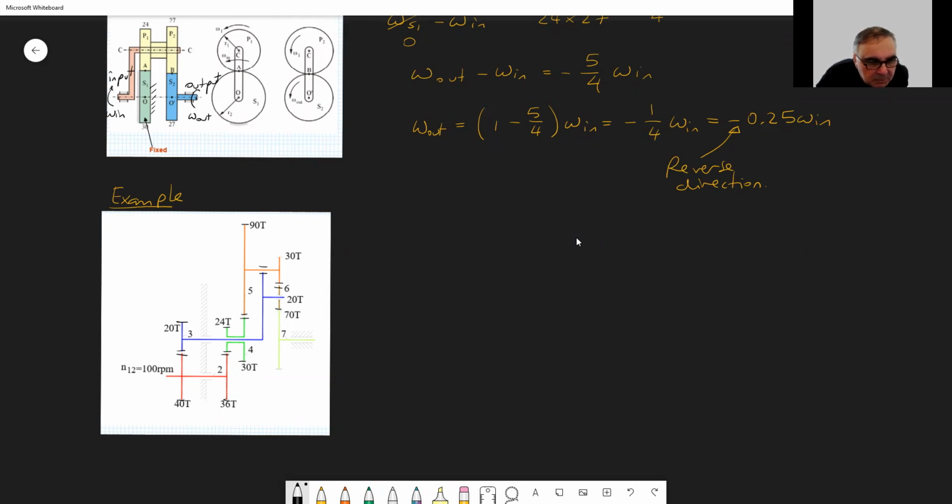This is kind of hard to understand. What is going on here? Okay, N12 is the input, and N17 is the output. So this thing is 100 RPM, this thing is the output, this is rotating, but it's quite complicated, as you see.